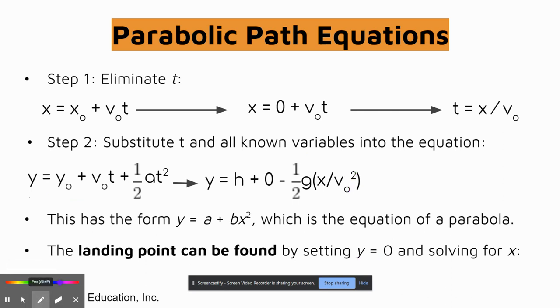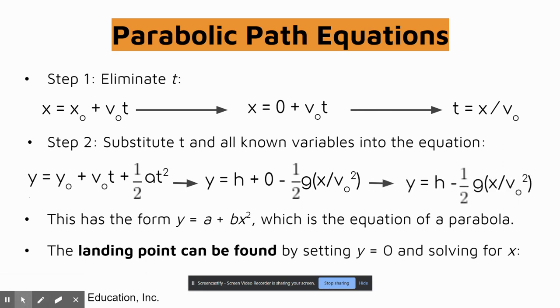It makes a lot more sense when we put numbers with it. Oh, and I hope y'all can see that at the bottom. This is how we would solve for x. It is equal to the initial velocity multiplied by the square root of 2 times the height divided by g.